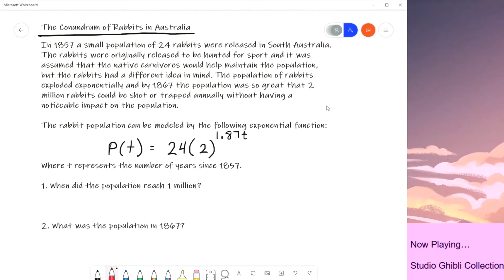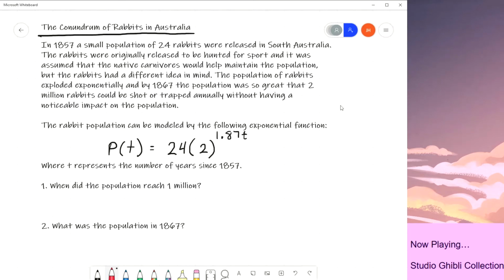And so this is why a small population of 24 rabbits in 1857 was able to explode so greatly, so that 10 years later in 1867, they literally were recording like 2 million rabbits being shot or trapped. And they still weren't doing any good dent to the population. And this has actually been a problem for Australia since then. They even still have like way too many rabbits.